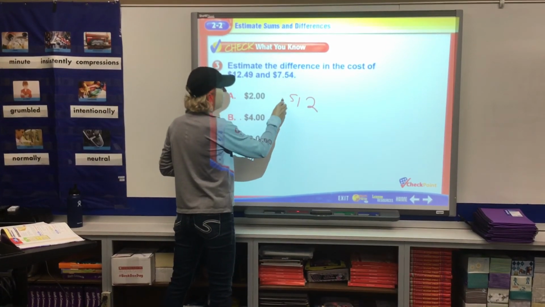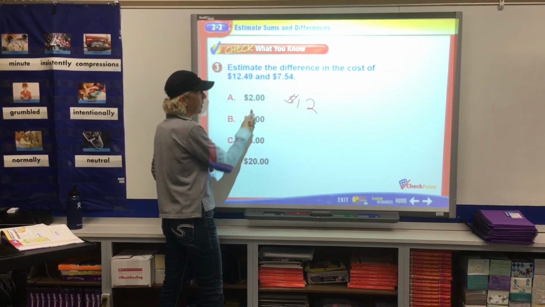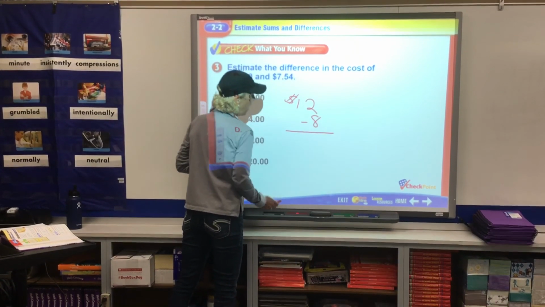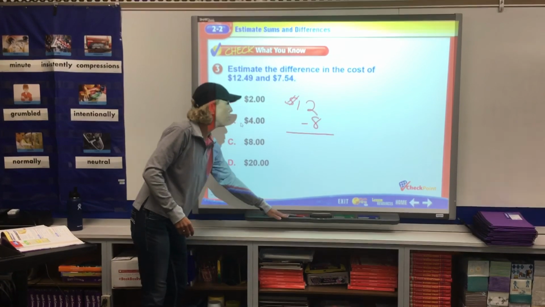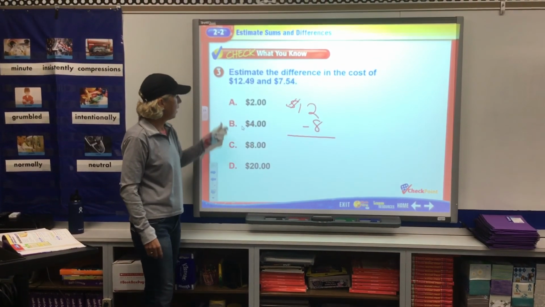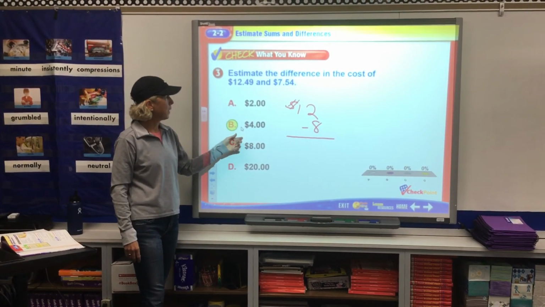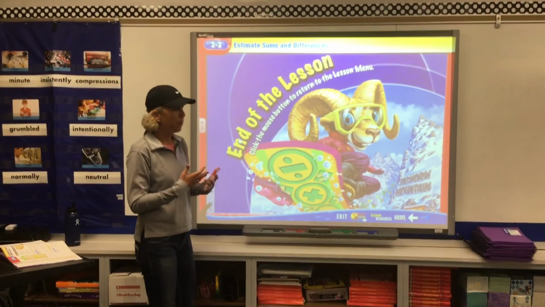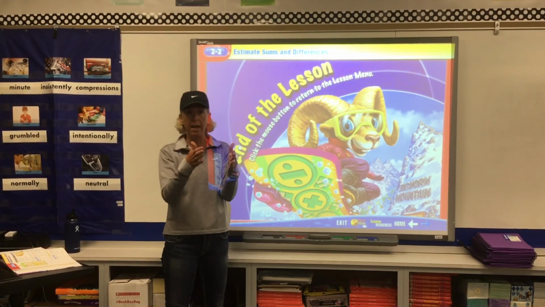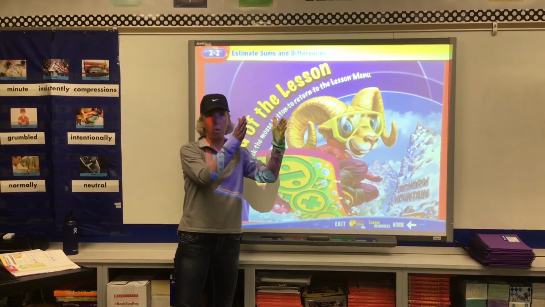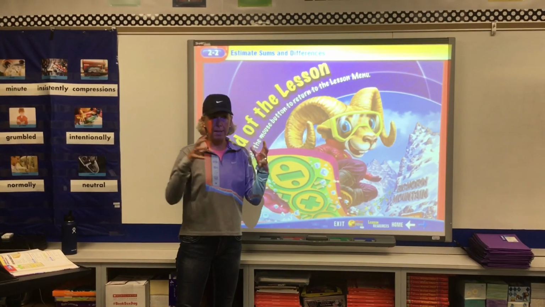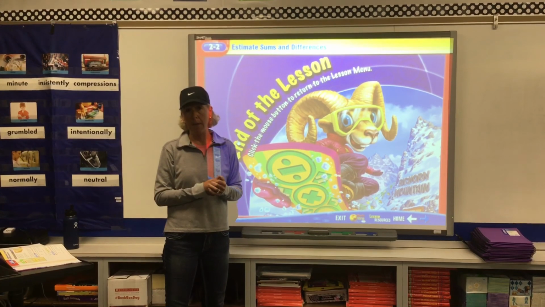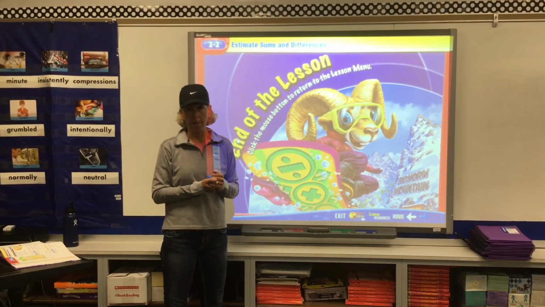And $7.54, I'm going to say that's closest to $8. I'm finding the difference, so I'm subtracting. So I would take $12 minus $8, and you would get $4. And again, I showed my work. That's the critical piece in all of this. When they give you the actual problem to solve, show your estimate right next to it so that we can see how you're thinking. And then, again, sometimes when we're estimating, there might be more than one correct answer.